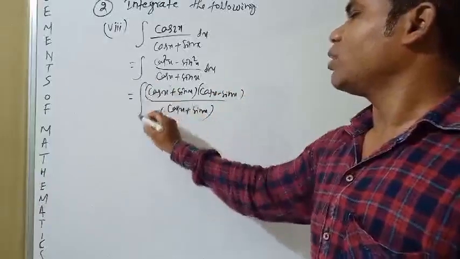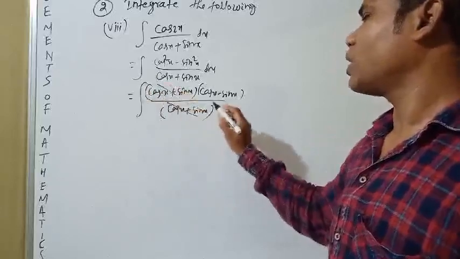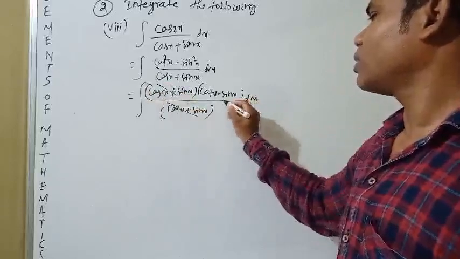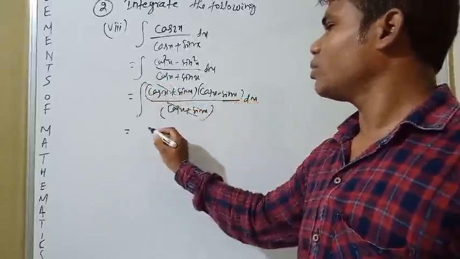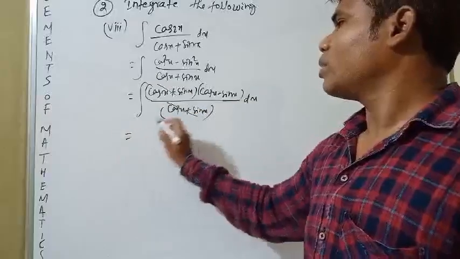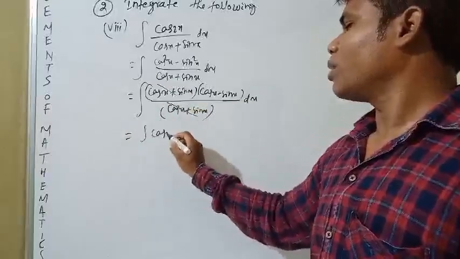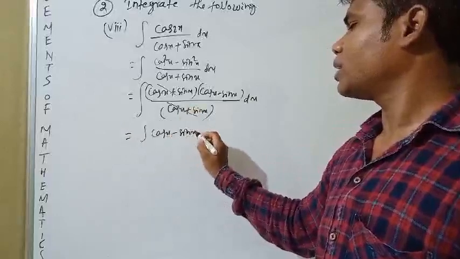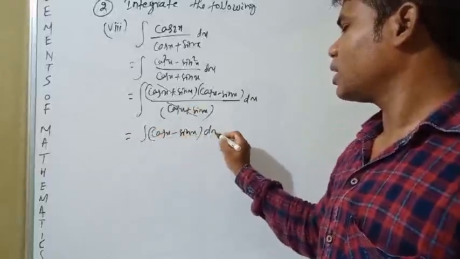You see, cos x plus sin x will cancel out. So this is equal to the integration of cos x minus sin x dx.